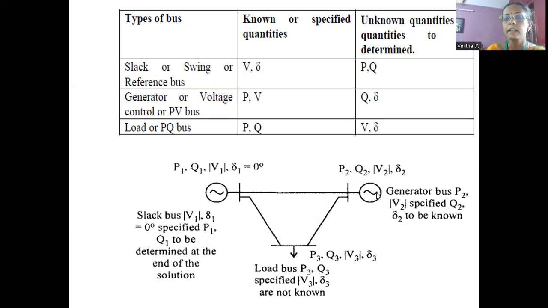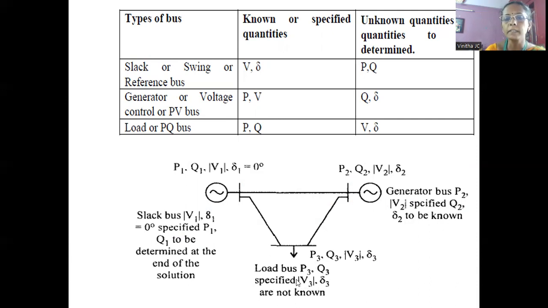Similarly, the second bus is a generator bus. Since it is the second bus specified in the problem, we take its parameters as P2, Q2, V2 and δ2. For the generator bus, P and V will be specified, and we need to calculate the value of Q2 and δ2.